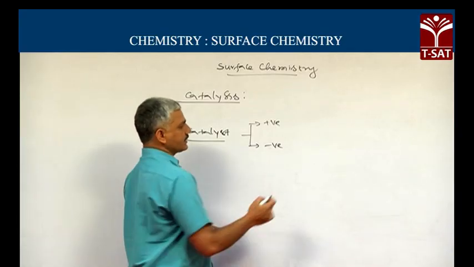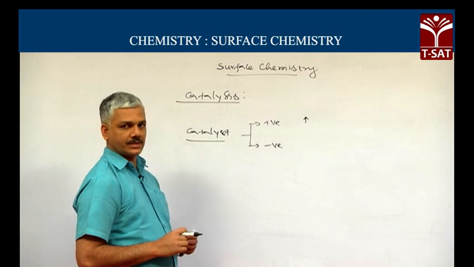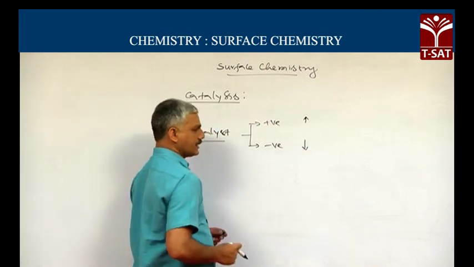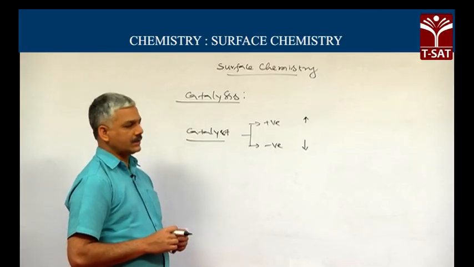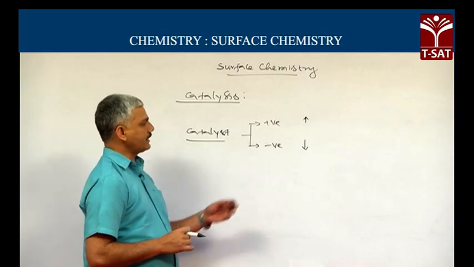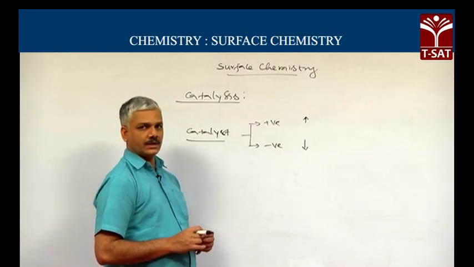If a catalyst increases the rate of reaction, then it is called a positive catalyst, and if a catalyst decreases the rate of reaction, then it is called a negative catalyst. As per the requirement, a suitable catalyst will be selected for a particular reaction.